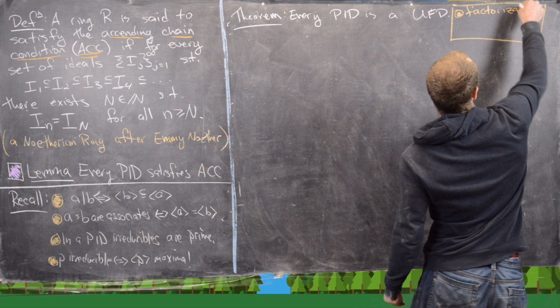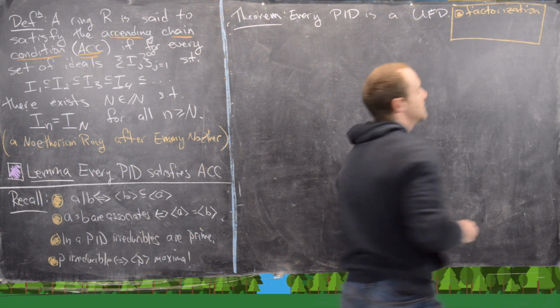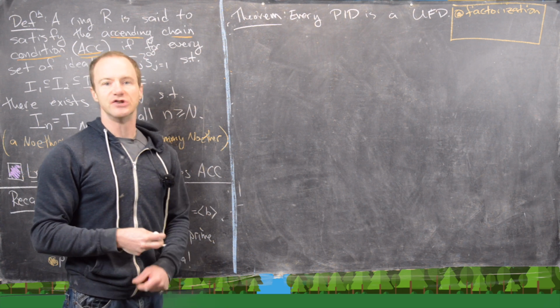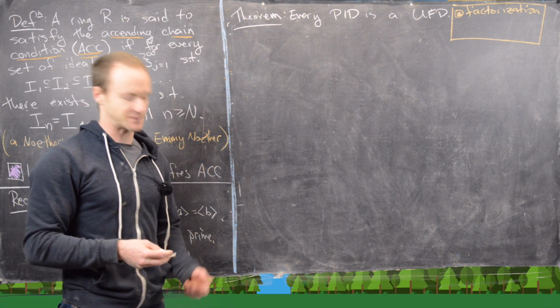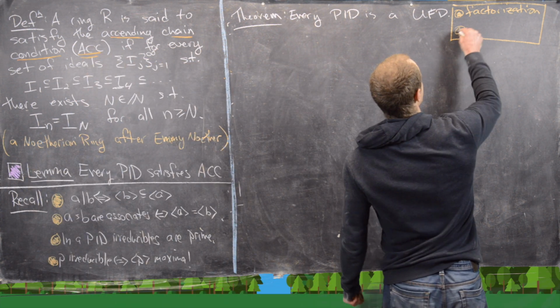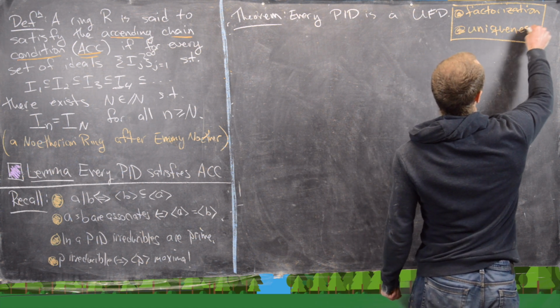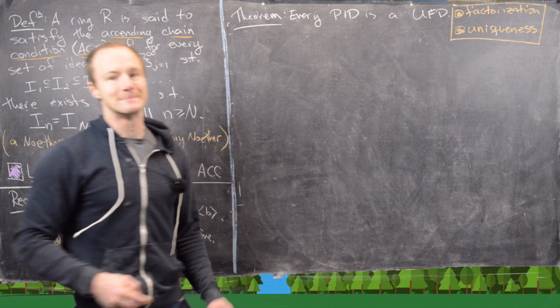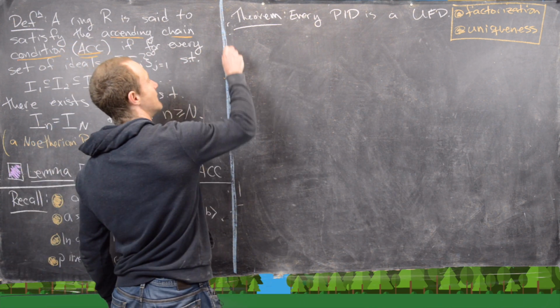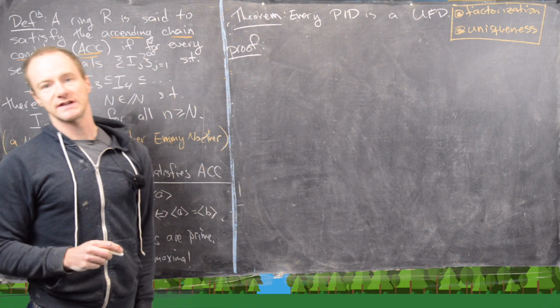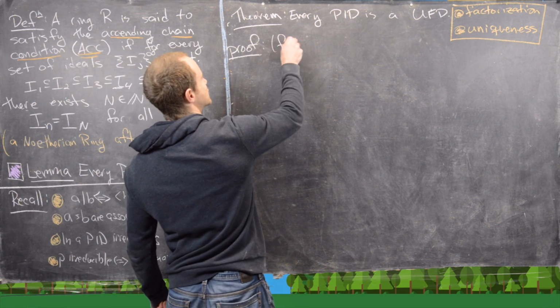Factorization in the first place, because maybe if you're outside of a unique factorization domain, there's no notion of factorization in the first place. And then the next thing is we need uniqueness of this factorization. Okay, so those are the two things to prove. Obviously, we need to prove them one at a time, probably. So let's go ahead and prove the factorization first.